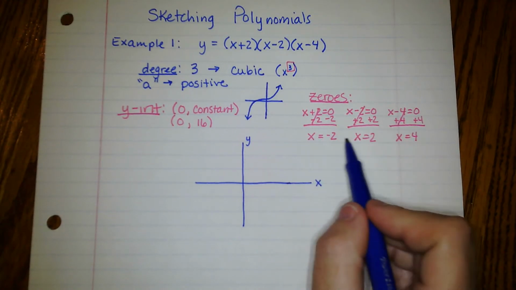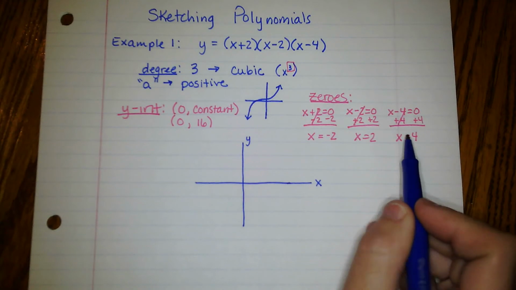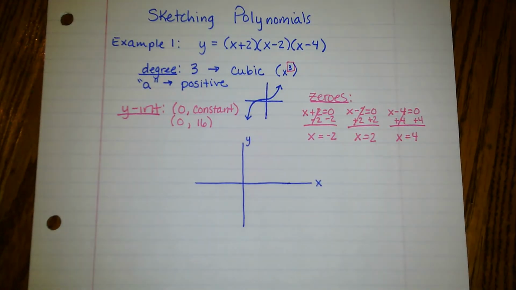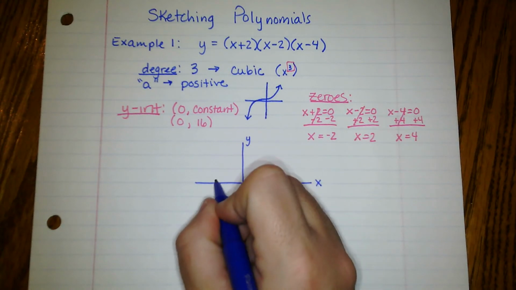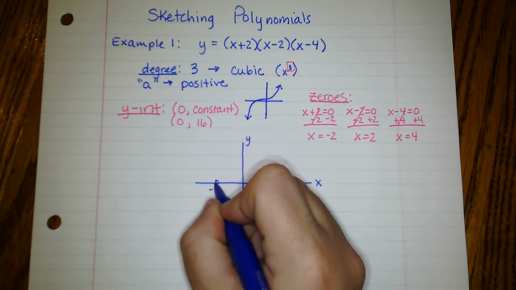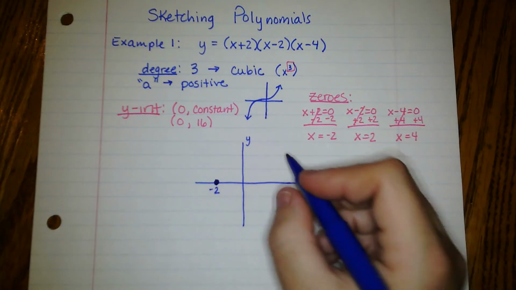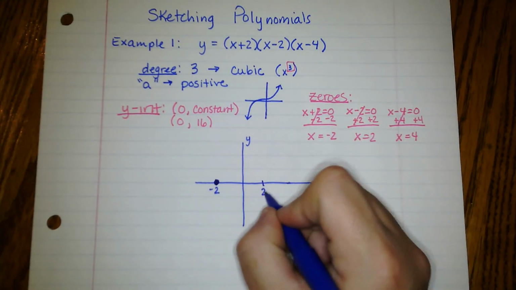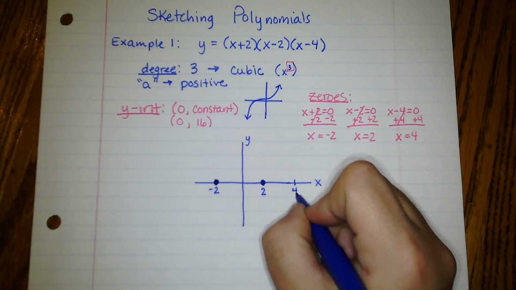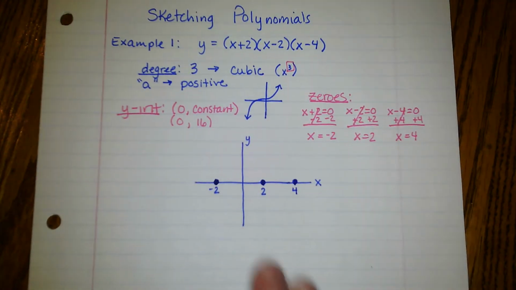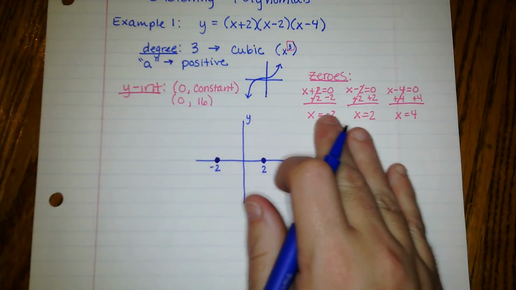So you've got 3 points that have to be plotted on the x-axis, you've got 1 point that has to go on the y-axis. So I'm going to -2 and putting a dot. I'm going to +2 and putting a dot. I'm going to +4 and putting a dot. I don't need all the other numbers in there. Those are the key and important pieces.